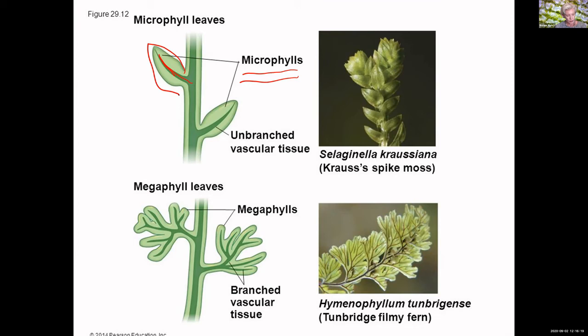When we look at plants that are larger, what ends up happening over evolutionary time is these multiple tiny microphylls have fused together, and so we have leaves that can be much larger. They have multiple extensions and branching patterns of the veins inside them. So starting with the ferns, the pteridophytes, we're going to see megaphylls, and that allows a much higher capacity for photosynthesis.